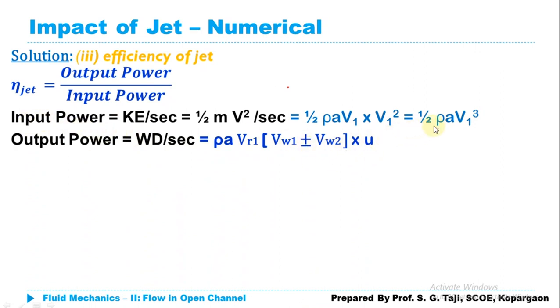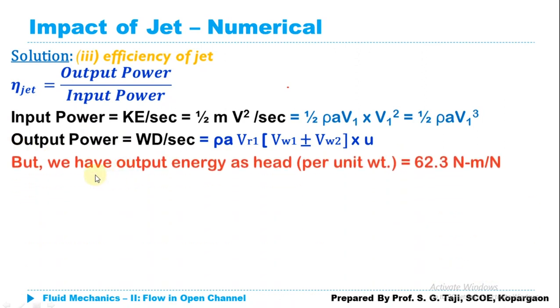You can use those two equations for the computation of efficiency, but here I am using an alternative method, where we have already calculated the work done per second per unit weight of the fluid, in terms of head, Newton meter per Newton, where Newton gets cancelled but the unit meter will remain. So if I have this output energy as 62.3 meter, I can calculate the input energy, that is kinetic energy, in terms of per unit head.